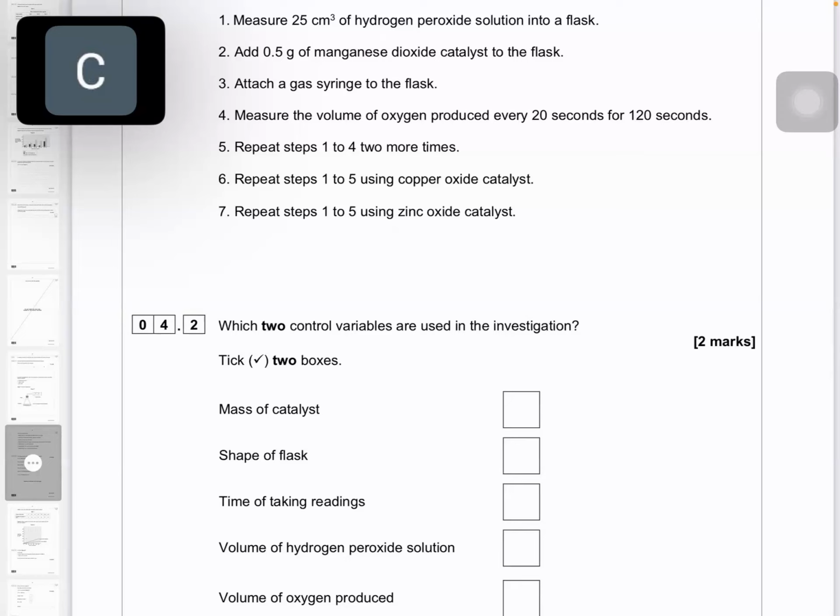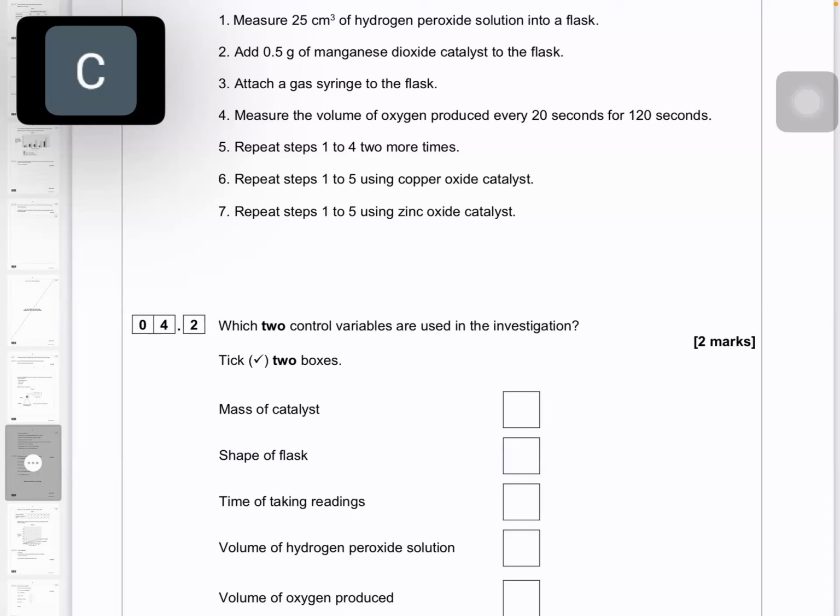So let's look at the things that changed here. Measure this, add this, attach a gas syringe. Measure the volume of oxygen produced every 20 seconds for 120 seconds.